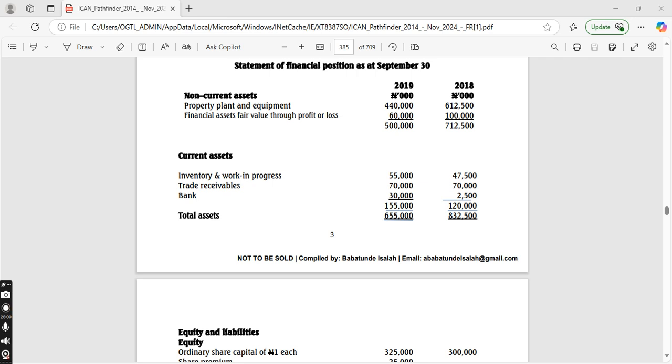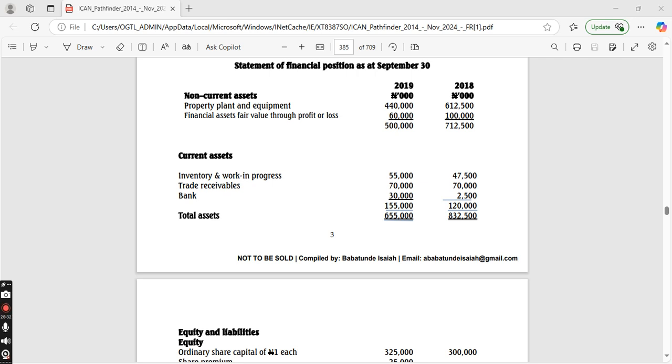Is there any revaluation amount here? Let's check if there is any revaluation. Okay, this one is revaluation reserve. It's not the full amount.